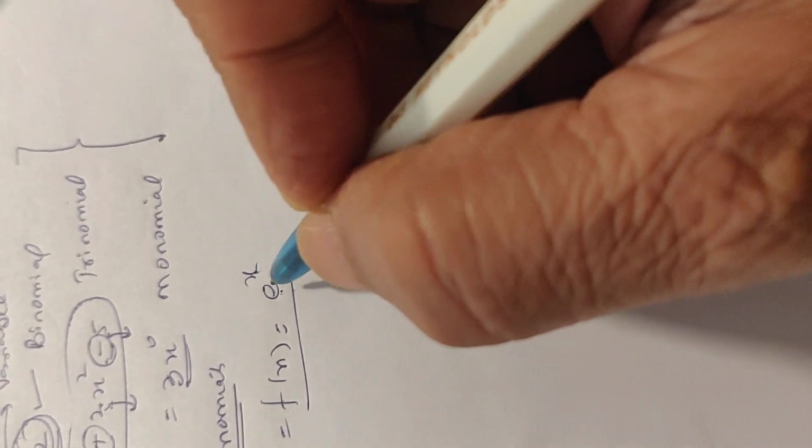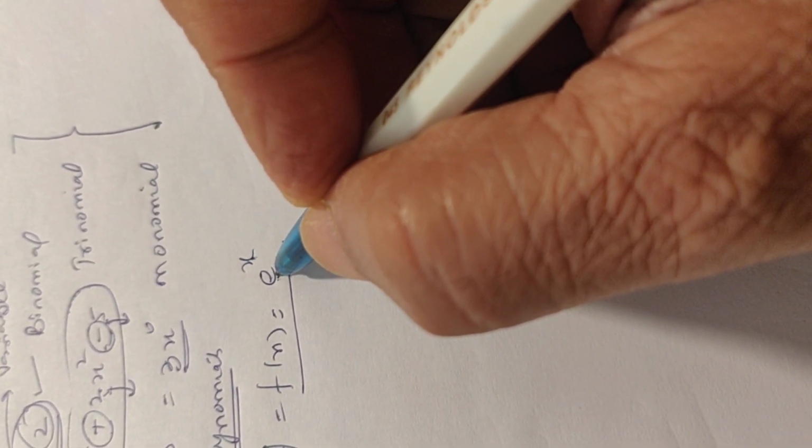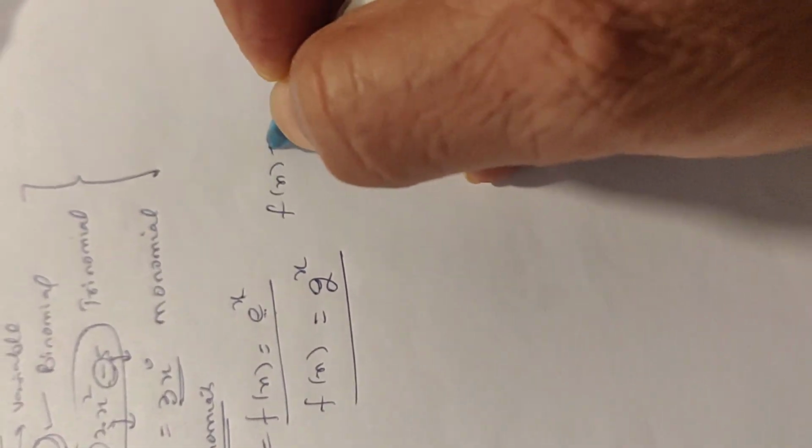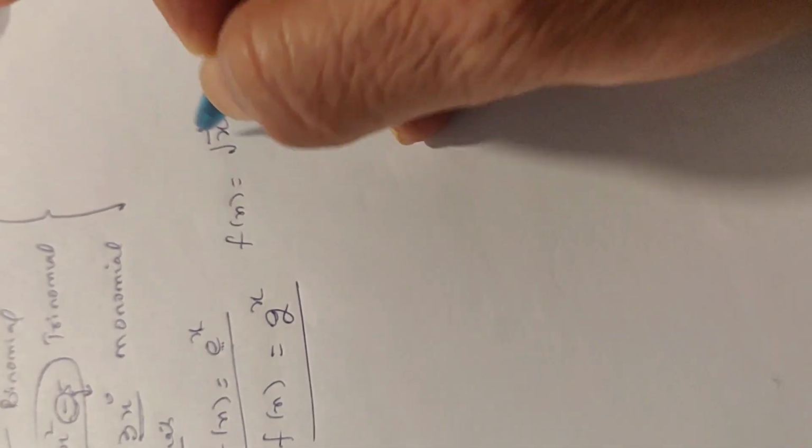Non-polynomials are like y or say f of x is equal to e to the power x. So here the variable is in the exponent of a constant. Or if we have a function like 2 raised to power x, or if we have a function f of x is equal to x under root.